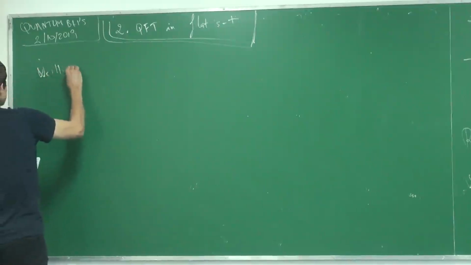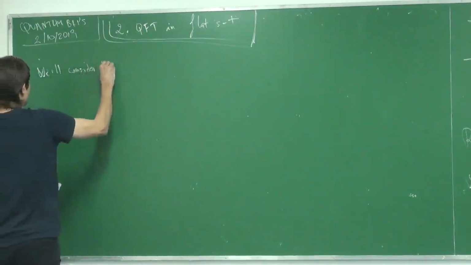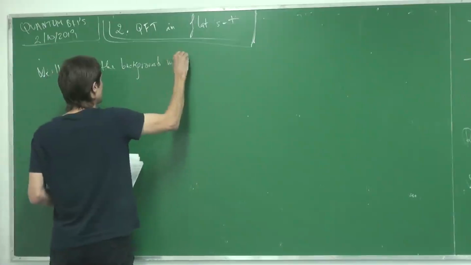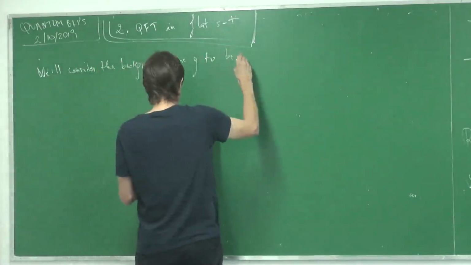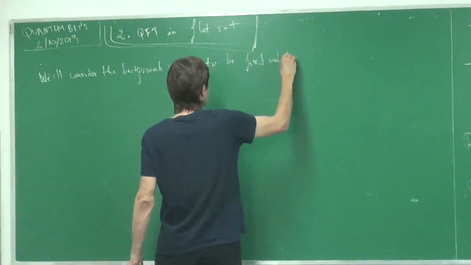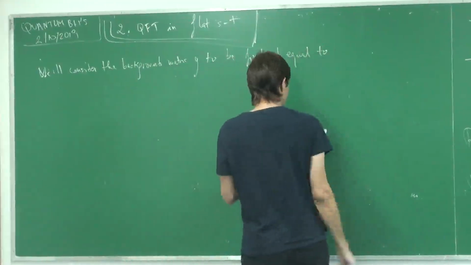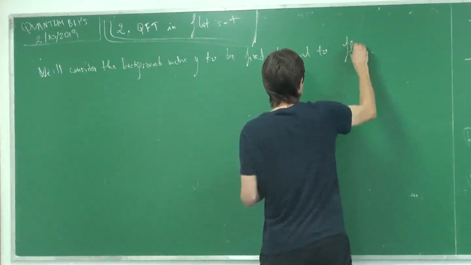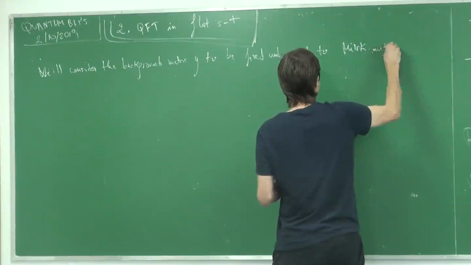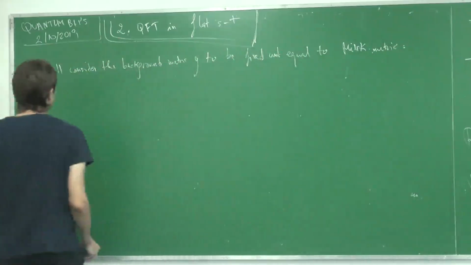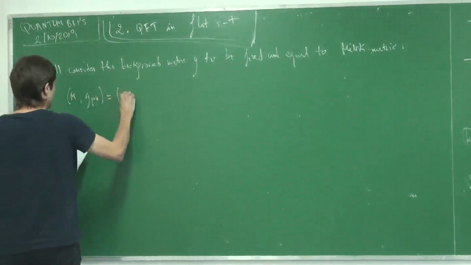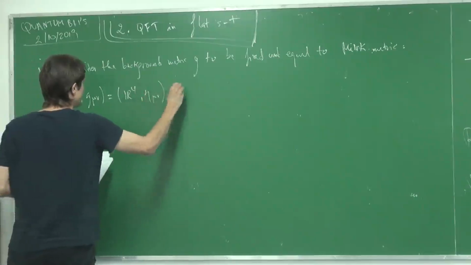So we will consider the background metric g to be fixed and equal to the Minkowski metric. So our space-time is just flat.